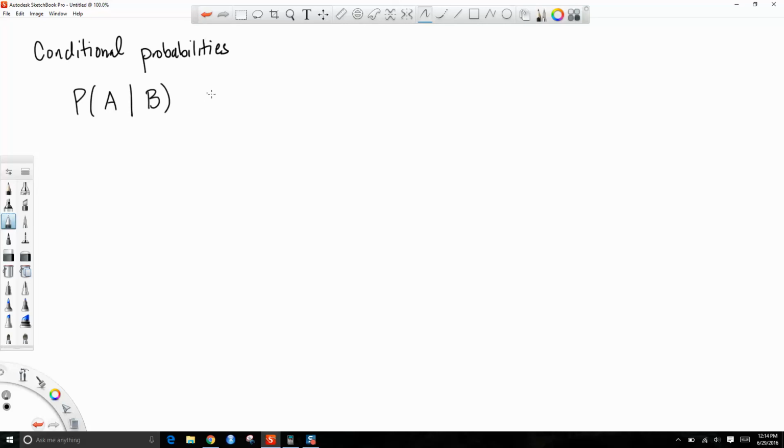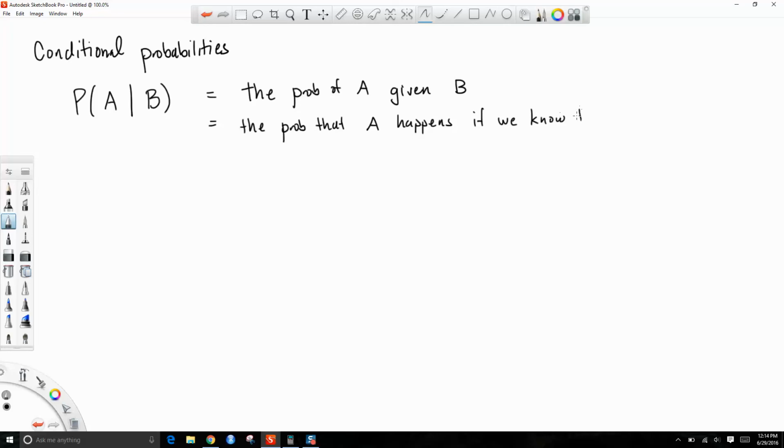This is read as the probability of A given B, or we can think of it as the probability that A happens if we know that B has or will certainly happen.